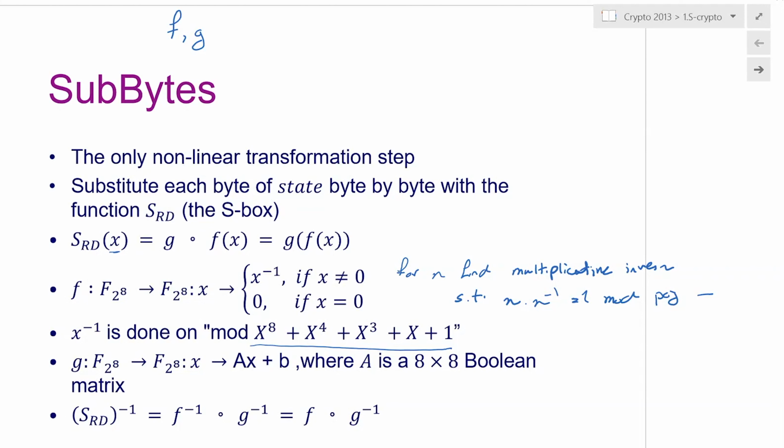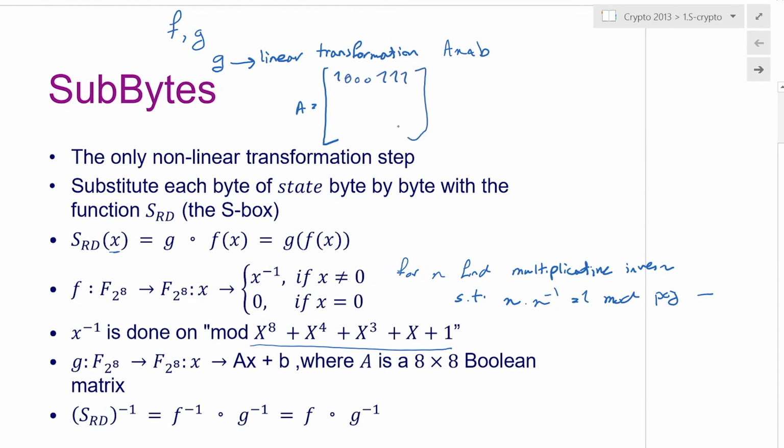So let me show you that g function. I think g is a little bit weird over here. g is nothing but a linear transformation, which is defined by Ax plus B. A is a matrix of polynomials, and remember we show the polynomials with bytes, 1, 1, 1, for example, and so on and so forth. So we have a matrix of them.